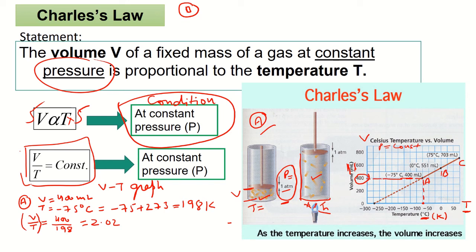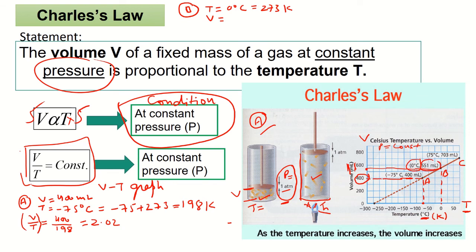For point B, if I come down, this is the value of the temperature: 0 degrees centigrade, which is 273 Kelvin.